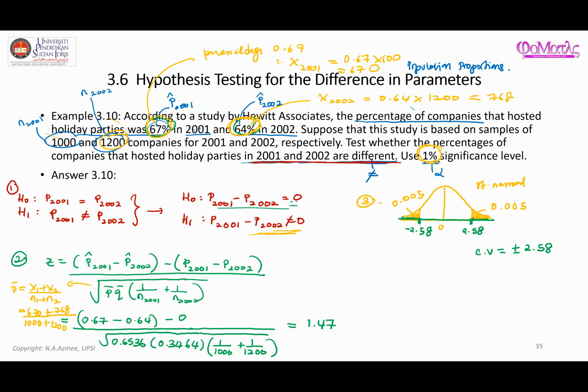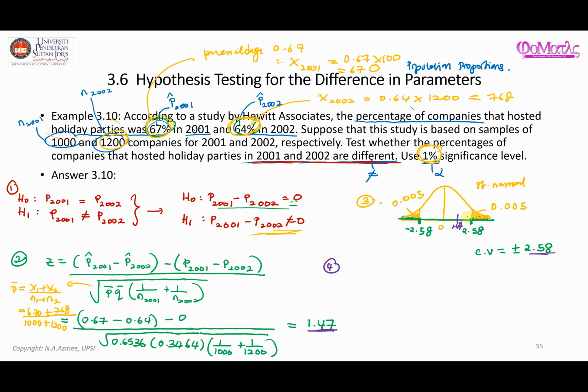Okay, so now the fourth step is to decide whether the null hypothesis should be rejected or not, and that will be done based on comparing the test statistic with the critical value. So 1.47 here is situated somewhere here, so this could be 1.47. Okay, and clearly this doesn't fall into the critical region.